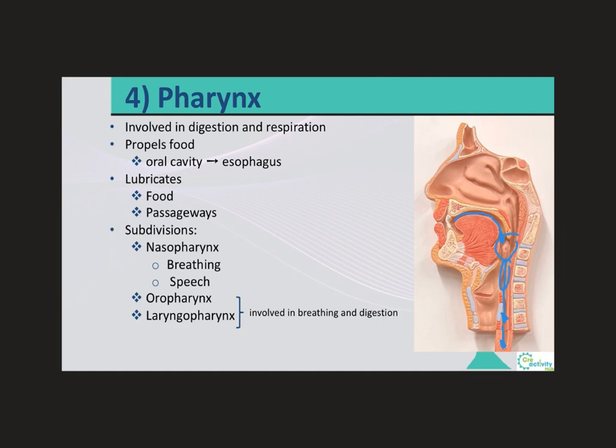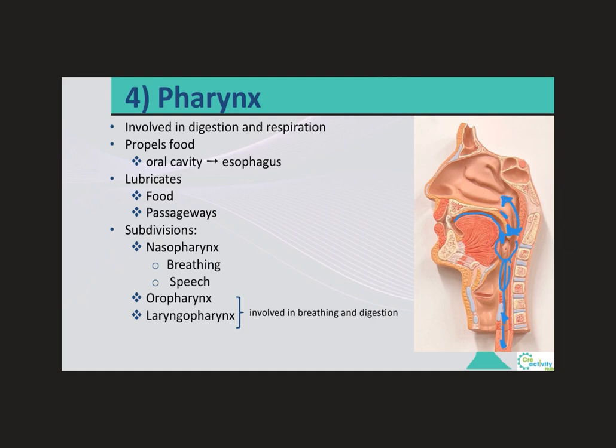And usually during this swallowing process, the soft palate and the uvula will rise reflexively to close off the entrance to the nasopharynx, and this prevents the food from entering the nasal cavity.